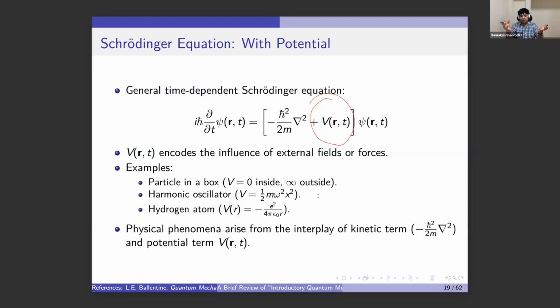But in general, like I expressed, there is not really a free particle. So you have whatever external field. If it is in a harmonic oscillator, you have this potential. If it is in a hydrogen atom, you have the Coulomb potential, right? So different types of potential based on the physical situation of the particle.